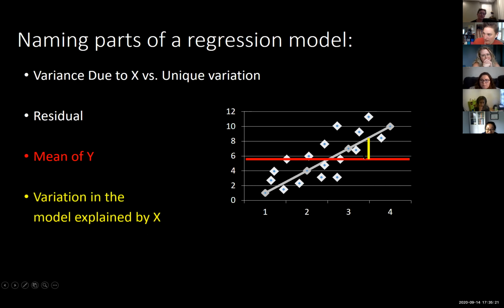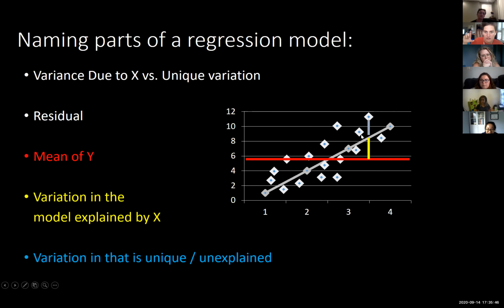There's the mean of y. So this right here is the variation in the model I've explained by including x. And this is what's left over. So before, in the restricted model, this point had both this blue line residual and this yellow line together.